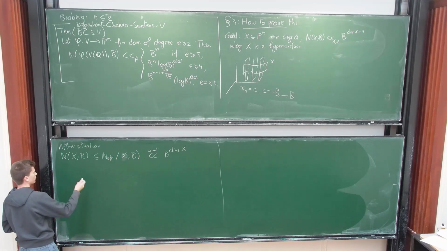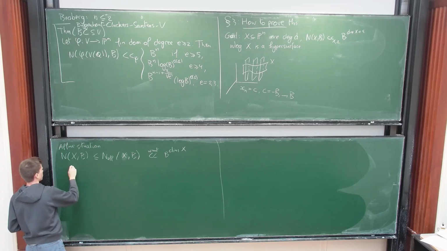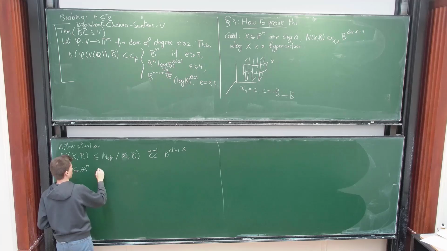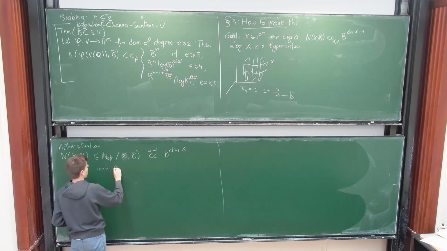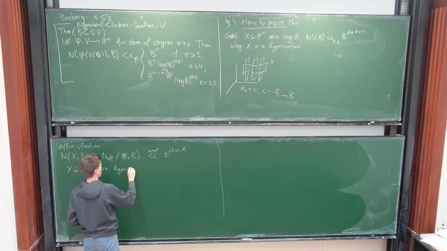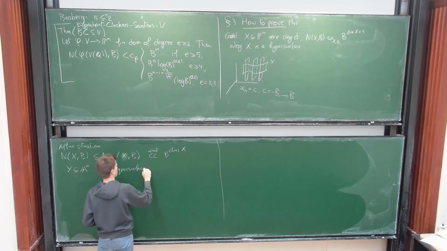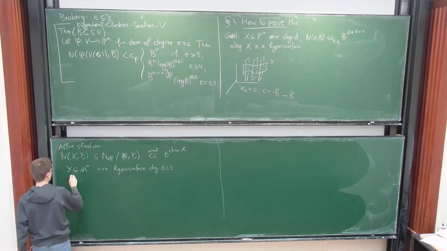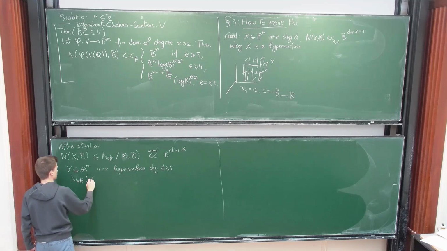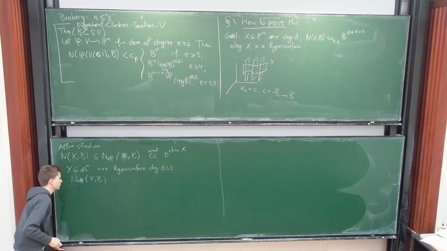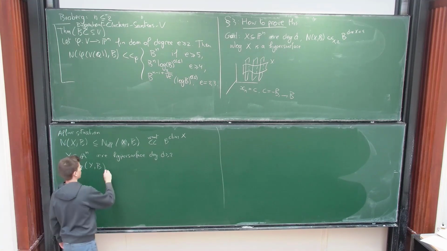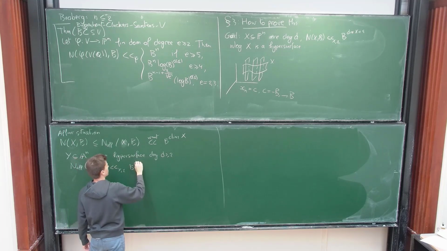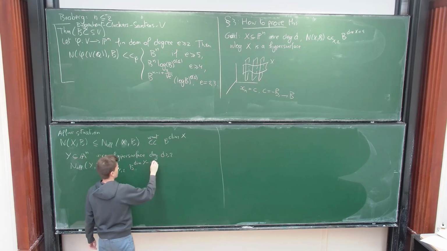So the corresponding affine situation should be the following: if you have Y in A^n, some irreducible hypersurface of degree at least 2, and you count integral points on Y of height at most b, then this should be at most b to the power dimension of Y plus epsilon.